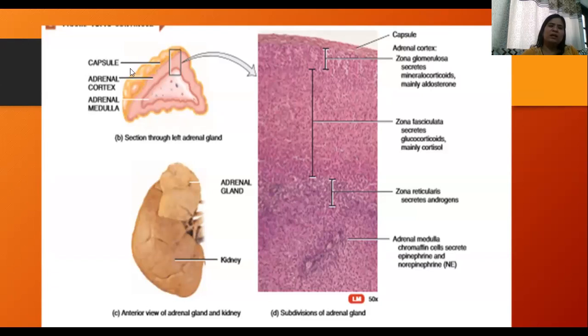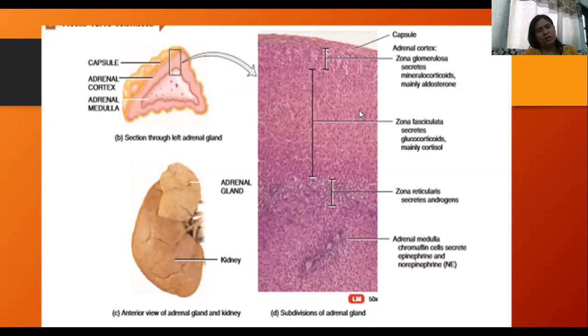The outside is the capsule covering the gland, and the outer layer, structural and functional both, is the adrenal cortex, comprising 80 to 90% of the gland, and the inner core is the adrenal medulla, that is 10 to 20% of the gland, right?